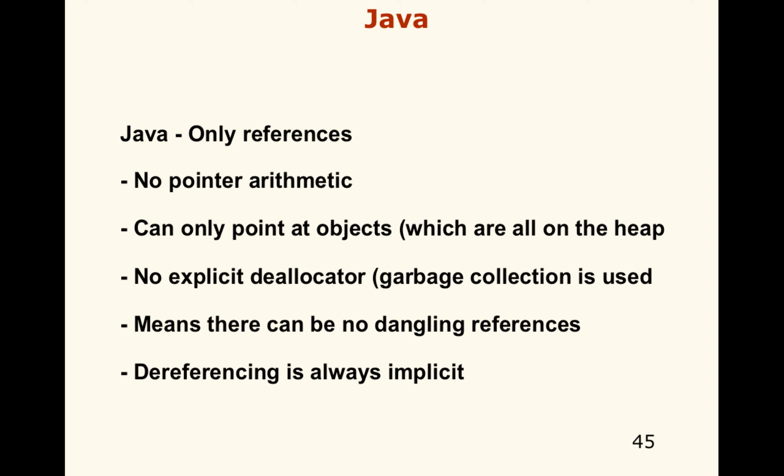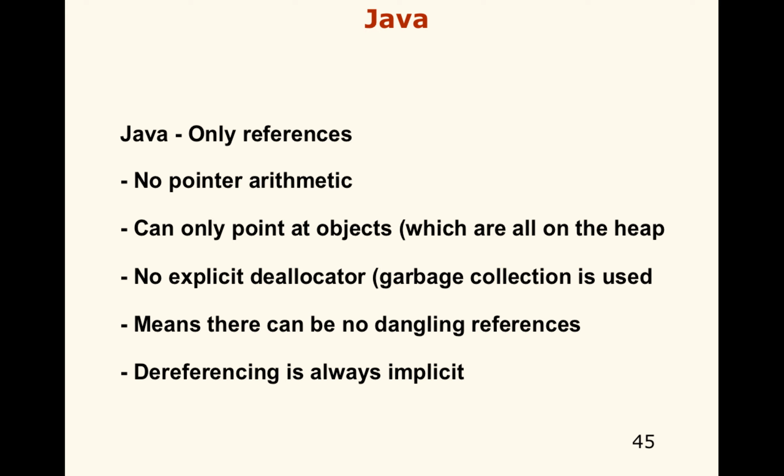There's no explicit deallocator; garbage collection is used for deallocating. The deallocator in C++ is the destructor. Some people call it a destructor, I call it a deconstructor, whatever you want to call it. It's part of the C++ implementation, not part of Java. We don't need it. There's a garbage collector that's used instead, and you don't have to turn on the garbage collector. It's part of the JVM.